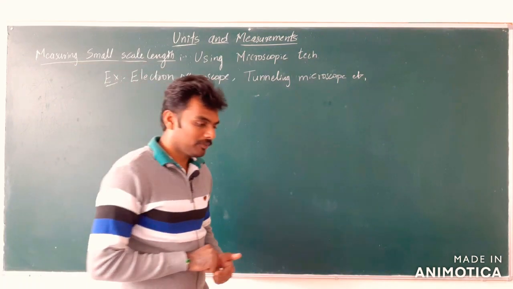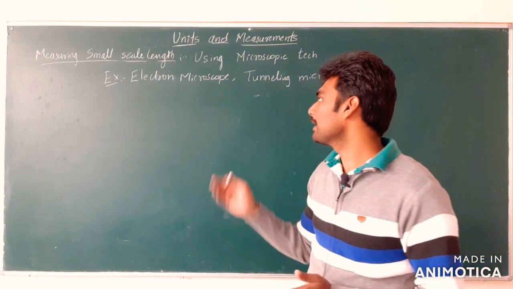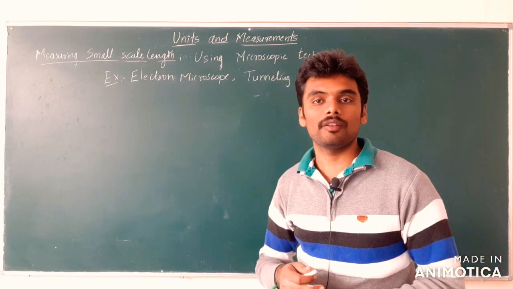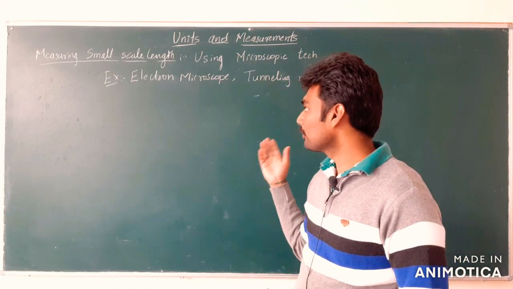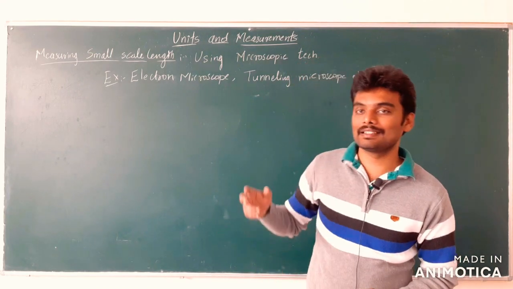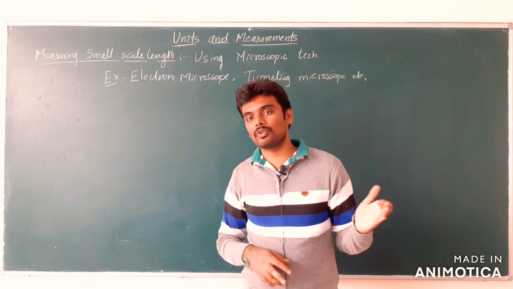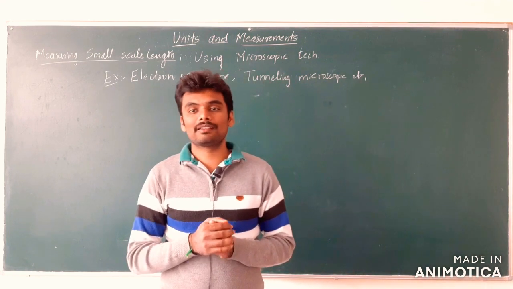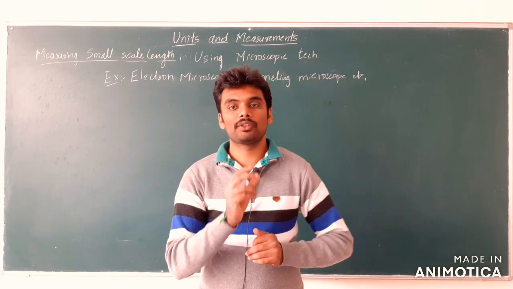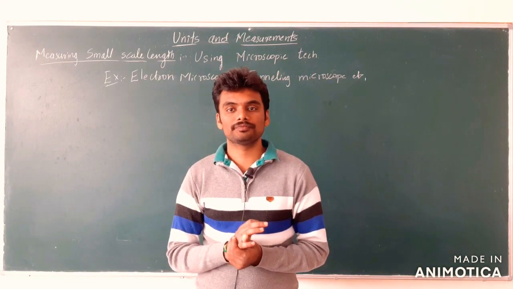Now the question that comes is, these microscopes, electron microscope, tunneling microscope and all, are very advanced. But we knew the size of a molecule even before the existence of electron microscopes, right? How do we know about it?